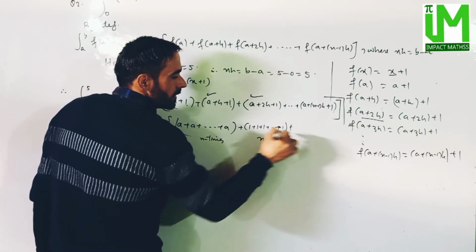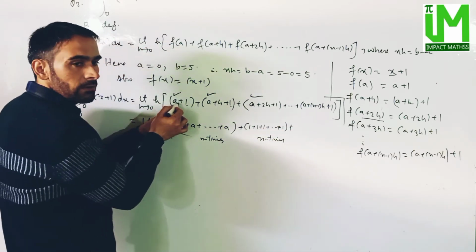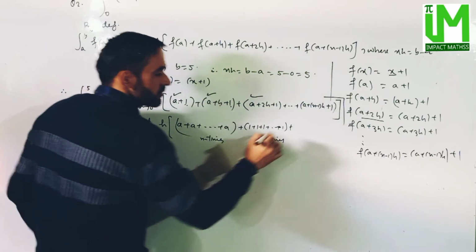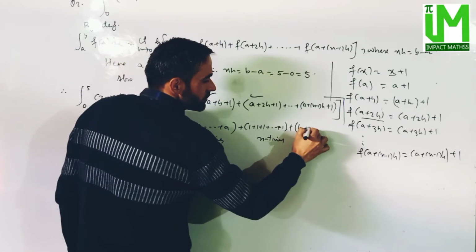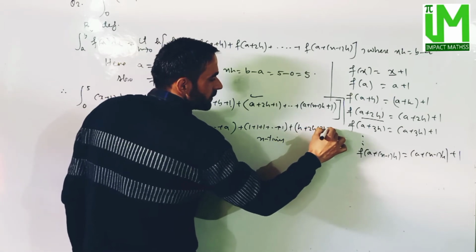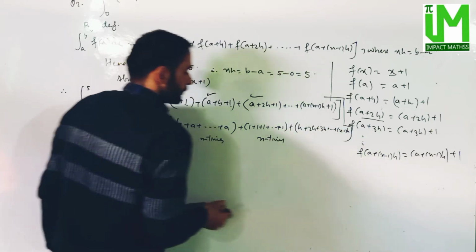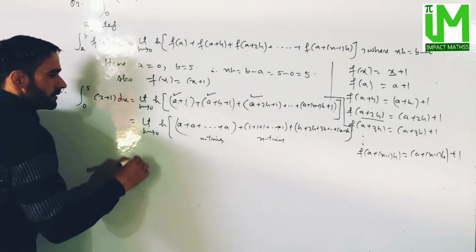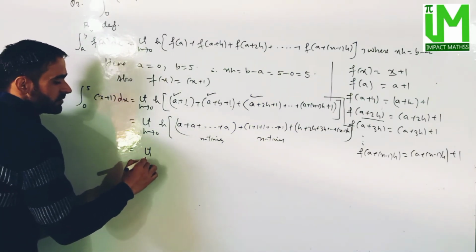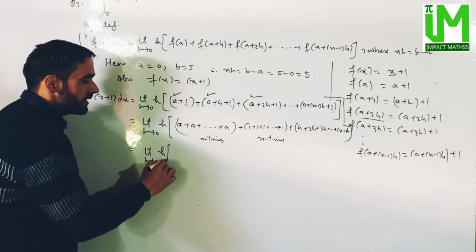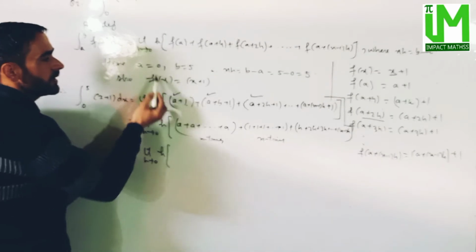Then for the h terms, we can write h plus 2h plus 3h plus up to the last term, n minus 1 into h. So this will now be the limit as h tends to 0, h times a. If we put in the value, what is the value of a?